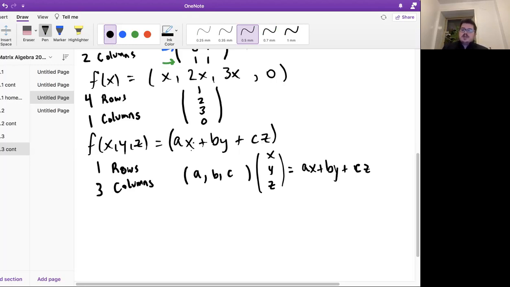So there's one row because there's one output coordinate, and there's 3 columns because there's 3 variables in your input. So the answer is just ABC is the function, A comma B comma C. And then if you do it out as the function, this looks like something that some of you might know as dot product.